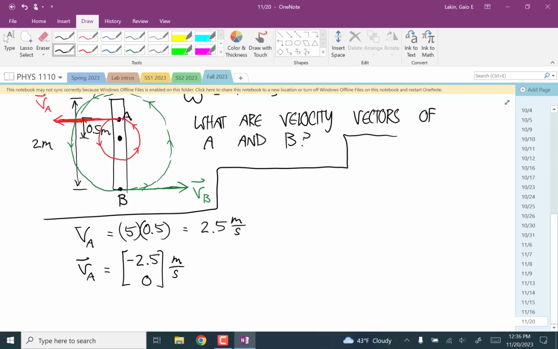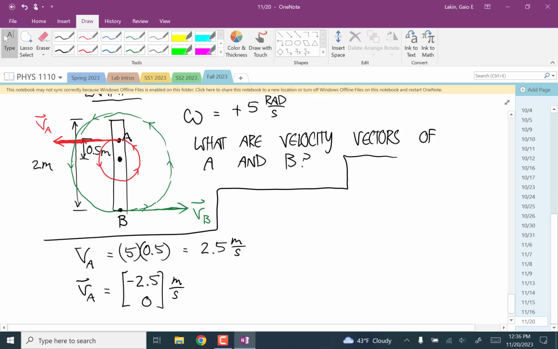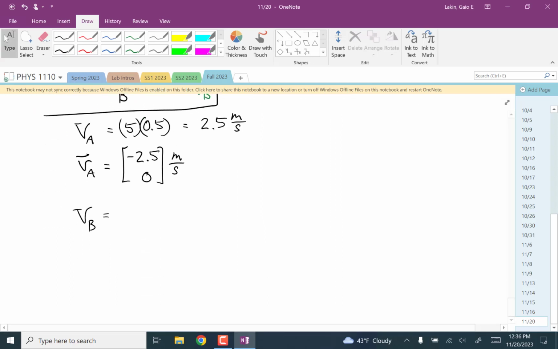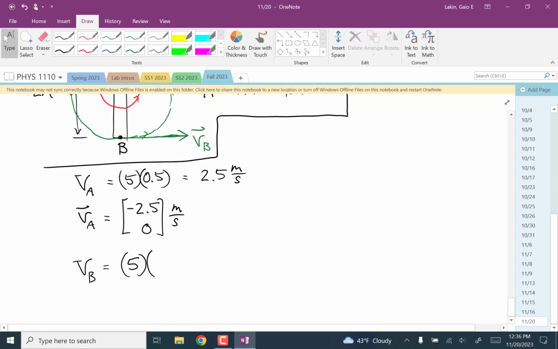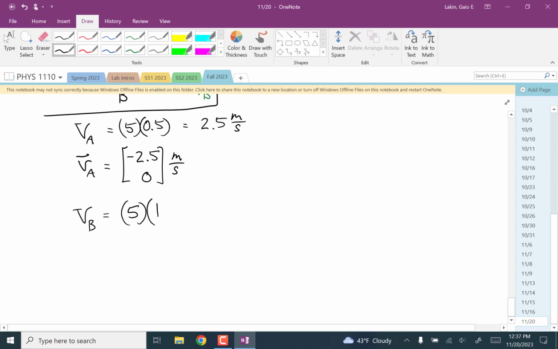Okay? And then for B, the angular velocity is still the same. A single body only has one angular velocity, but the velocities of the different points are different. So the speed of B is still 5 radians per second times, what's the distance from the about point to B? 1. Yep.